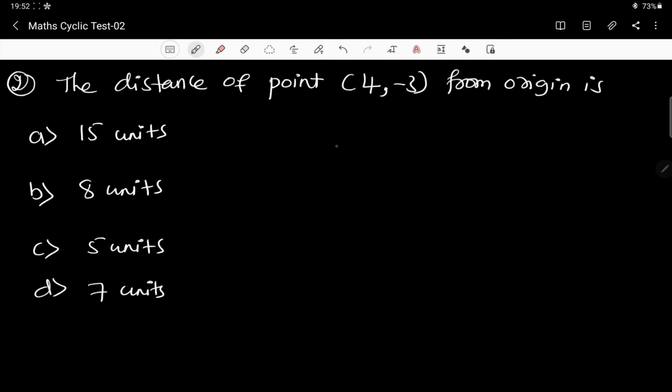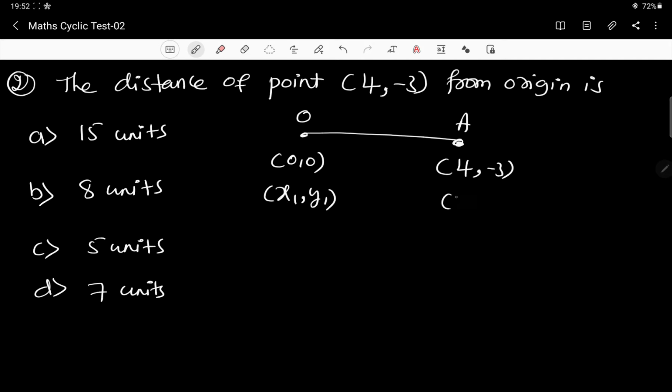All right, one point is there. Let me call this point A, with coordinates 4 comma minus 3, and from the origin, you can take this as O. What are the coordinates of origin? 0 comma 0. This distance you can calculate, no? So you compare this one with x1 y1, and this one with x2 y2. Then you are going to have this OA distance.